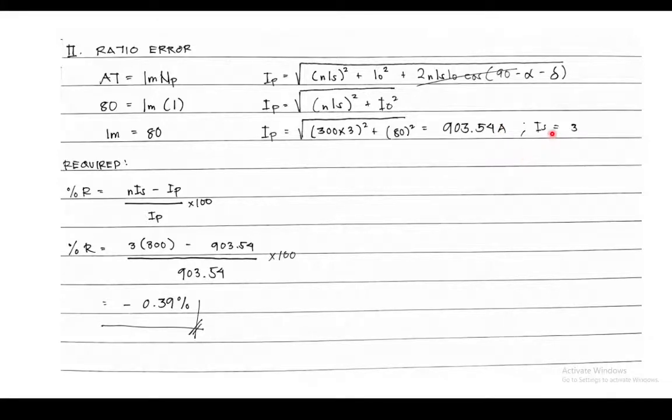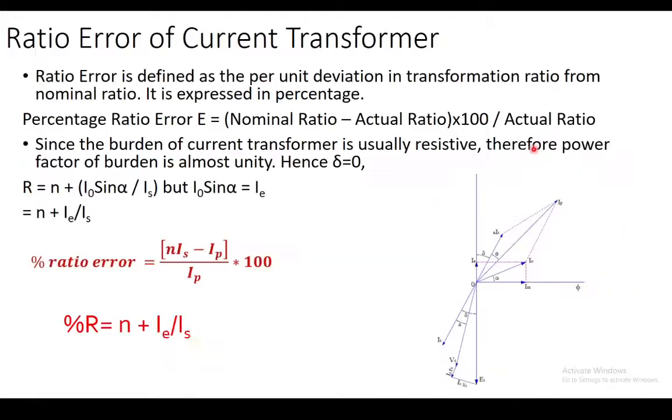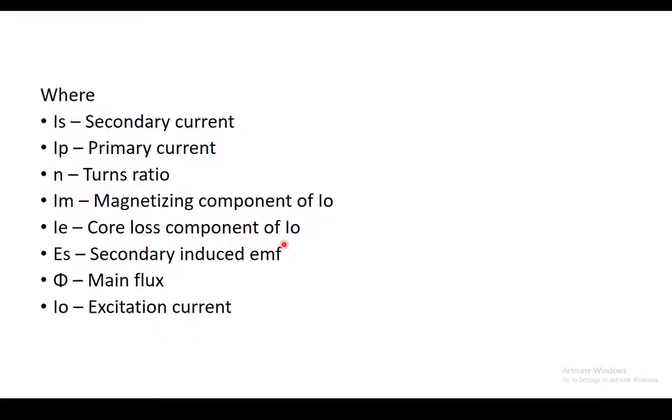Tapos, i-state ko lang yung isang given na ang secondary current natin is 3 amperes. Ngayon, ang required dito sa part 2 na to is ratio error. Para makuha natin yung ratio error, gamitin natin yung formula na naka-state kanina. So, ratio error is equals to NIS minus IP all over IP times 100.